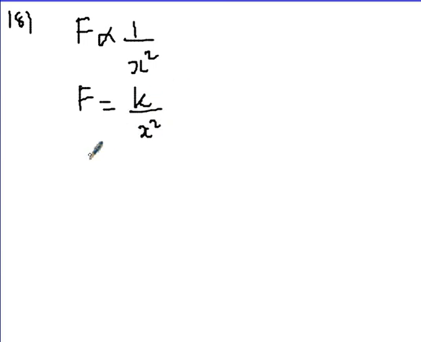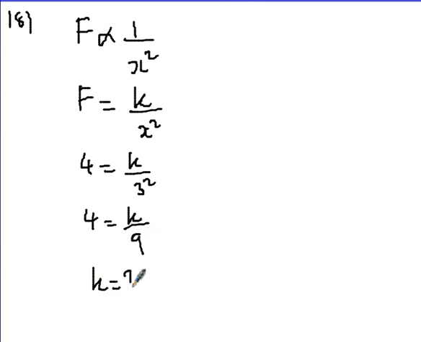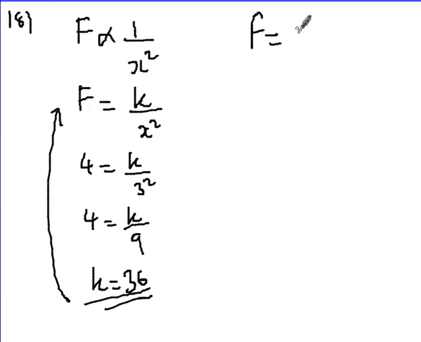We have x and F, so F is 4 and x is 3. Times the 9 up, so we've now worked out what k is, which is 36. 36 then comes back into this area here. So we've then got a formula that connects us, F equals 36 over x squared. So k is now done.